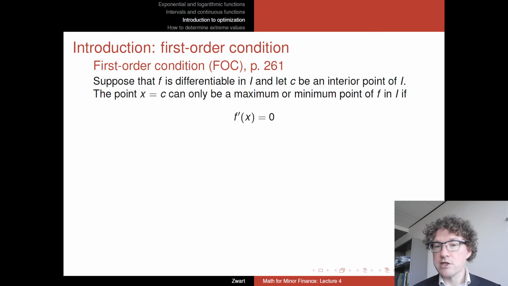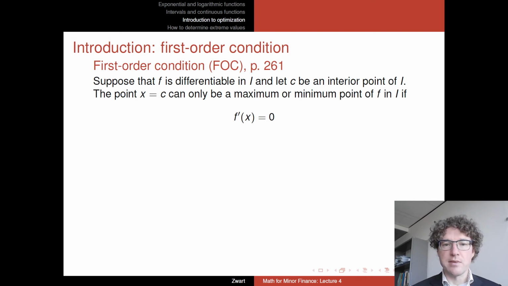And if we know that c is some interior point inside this interval, so it's not on the boundary of this interval, but somewhere strictly in between the boundaries, then if this function attains its maximum or its minimum at x equals c, this interior point, well then we know for sure that the derivative at that particular point should be 0. So f prime of c should be 0.